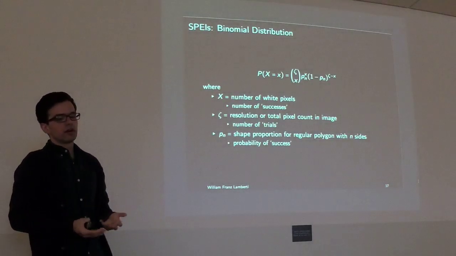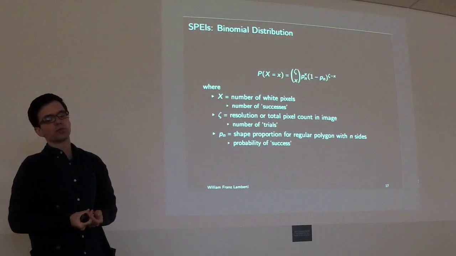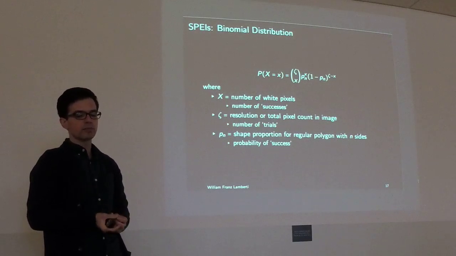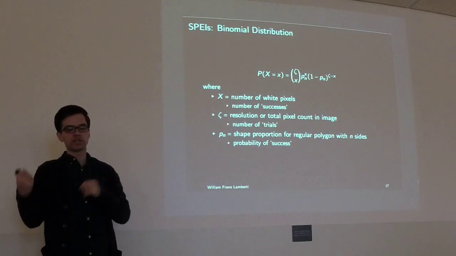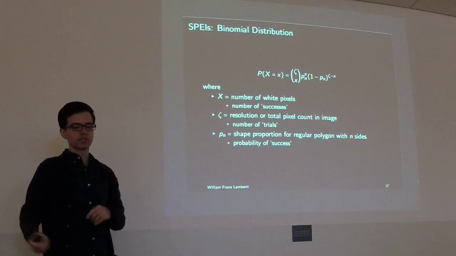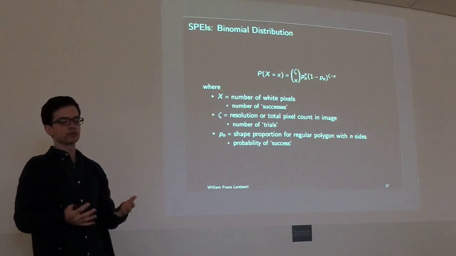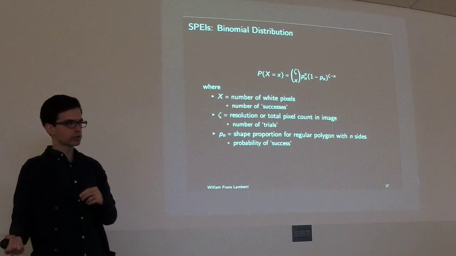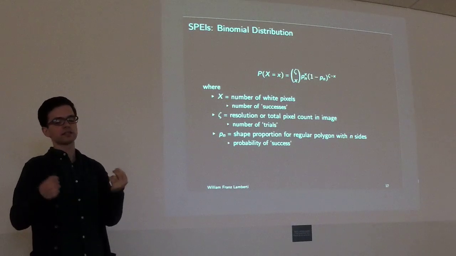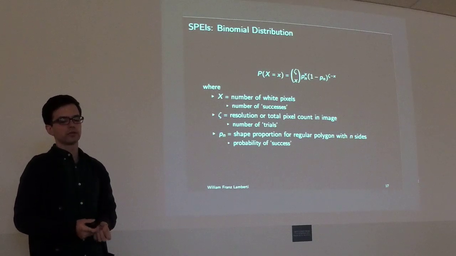And this is based on the binomial distribution, where x is the number of white pixels, or the number of successes. You have your sample size, or number of trials, zeta, which is the resolution or total number of pixels in the image. And then our proportion, or probability of success, is our SP value.